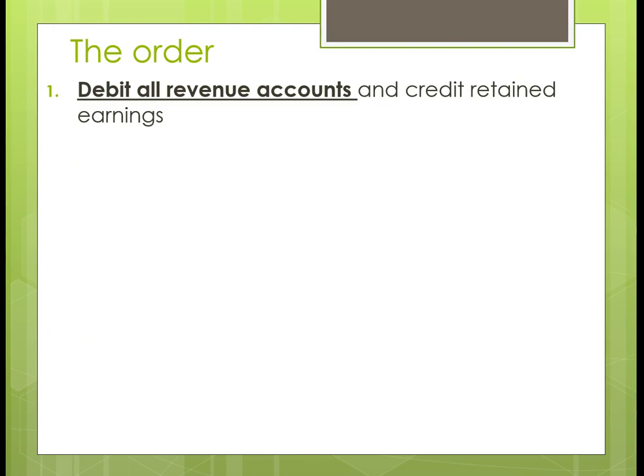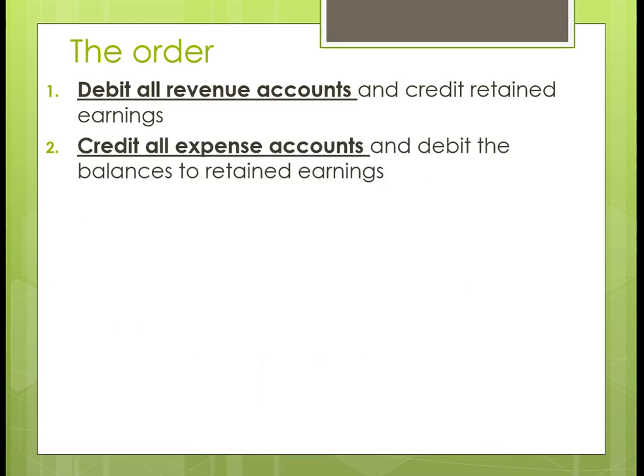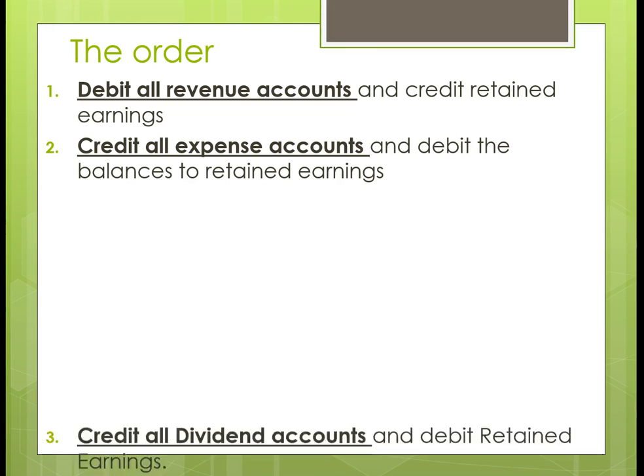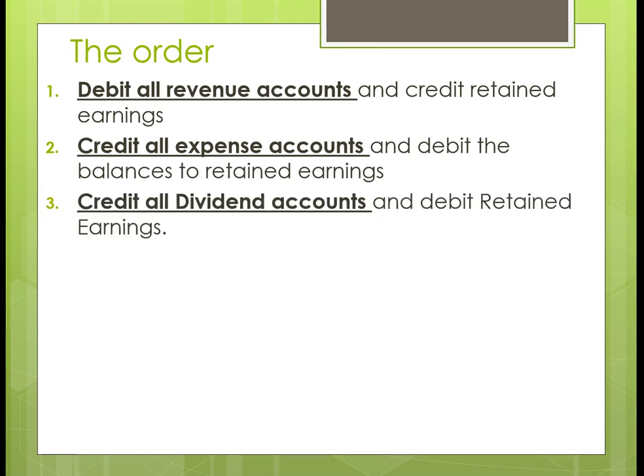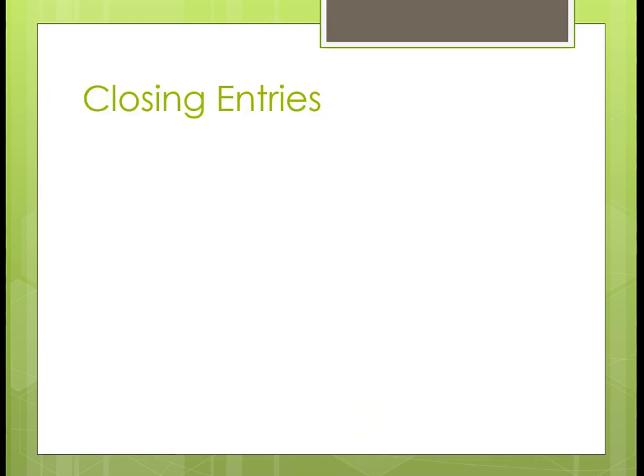We're going to debit the revenue accounts and credit retained earnings. Then we're going to do our expense accounts. We're going to credit the expense accounts and debit retained earnings. Then the last thing we're going to do is zero out our dividends account and take that as a debit to retained earnings.